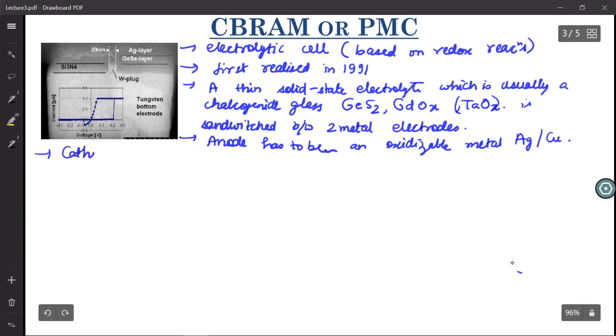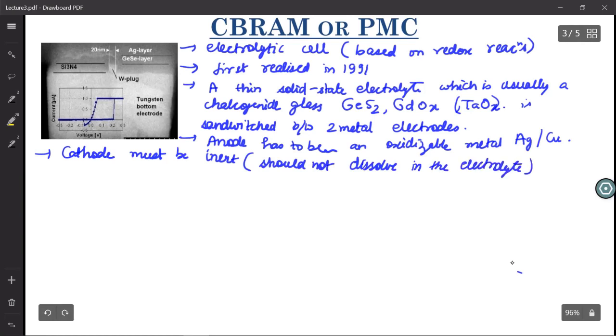Your cathode must be inert. Inert simply means that it should not dissolve in the electrolyte during the redox reactions. It should not be reactive with the solid state electrolyte. That is what I mean when I say it's inert.